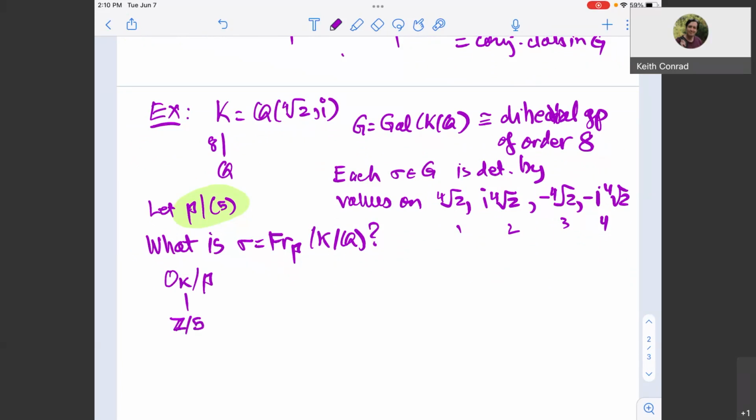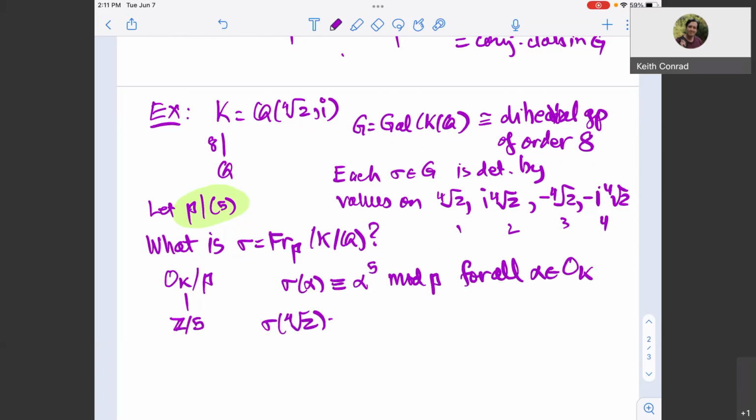What we know by the definition is that this is some element, mysterious right now, that's going to look like raising to the 5th power everywhere. And even though I don't know the whole ring of integers, I can at least say that the fourth root of 2 is going to look like the fourth root of 2 to the 5th. And that's twice the fourth root of 2.